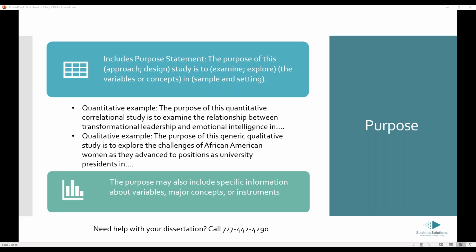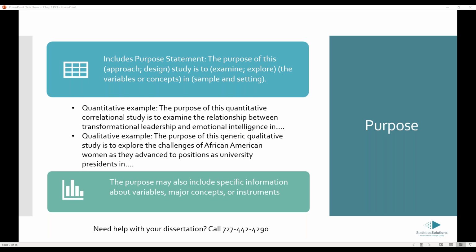Typically, this is followed by a purpose statement, the purpose of the research. And usually this is encapsulated in a very specific statement that is framed something like, the purpose of this approach design, for example, the purpose of this quantitative correlational study is to examine the relationship between whatever it is you're looking at.